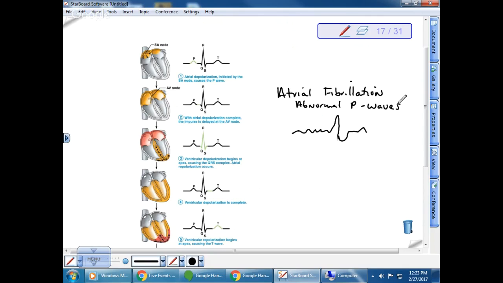So the reason for this particular problem is that you have extra nodal tissue. So extra nodal tissue causes abnormal contraction of the atria.